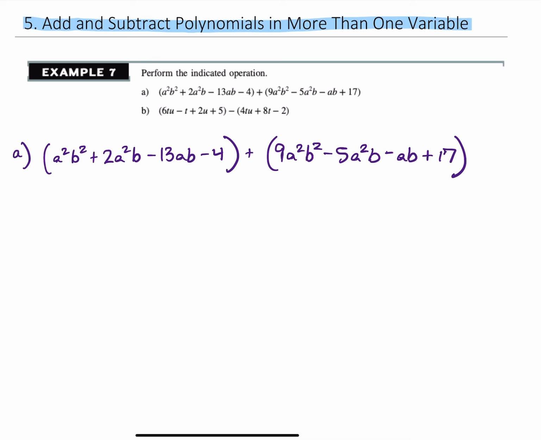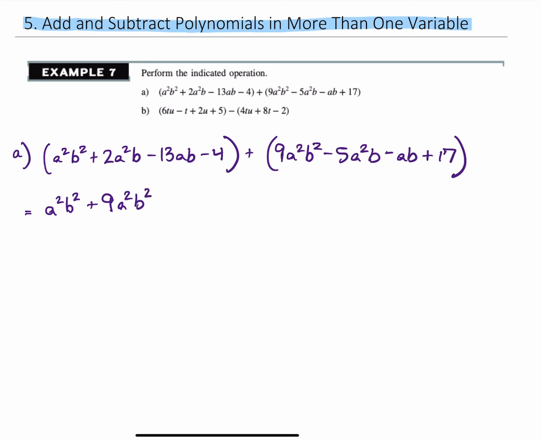So like terms will have the same power for both of your variables. So let me rearrange this a little bit. On our first polynomial, we have a squared b squared, and in our second one, we have 9a squared b squared.